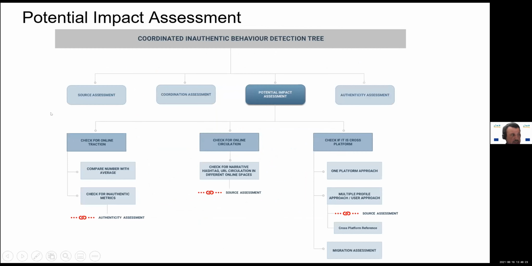This is the third branch, the potential impact assessment. On this one, it's about numbers. You can check for online traction. Usually, it's good to define an average number and to compare it with the suspects of the CIB. For instance, Avaaz ran a study where they detected coordinated inauthentic behavior because they saw two very small Brexit outlets having more numbers and more views than mainstream media.